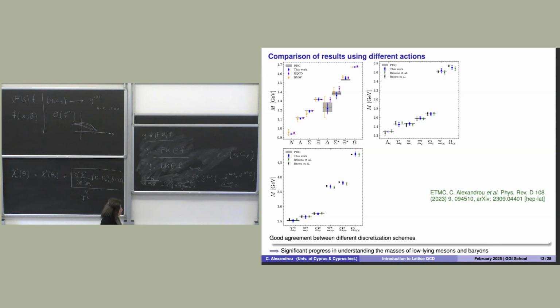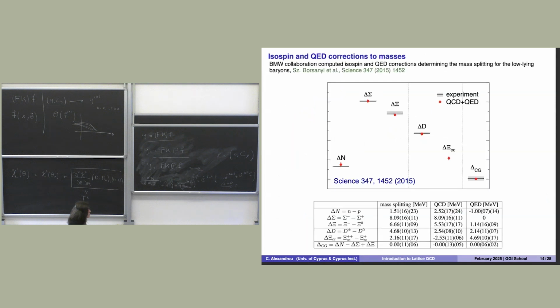So this is a very recent work that we did with a student, actually an undergraduate student. It's a diploma thesis. And now this I would like to show you because BMW went further and included isospin corrections. So this corrects for the difference between the u and the d, and it has electromagnetic effects corrected. And therefore, they can predict the splitting between the proton and the neutron and in the other isospin multiplets.